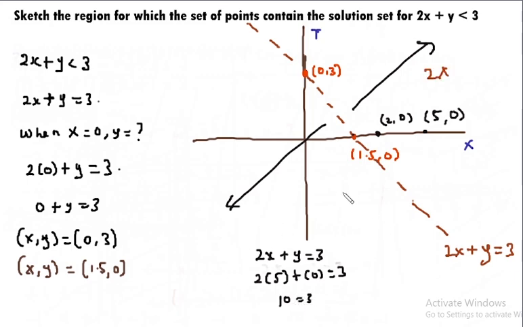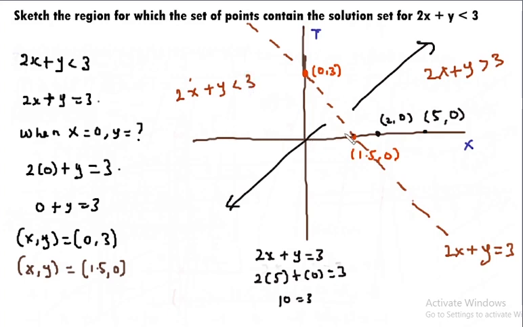From what we've seen, any point I pick towards this side of the line, the value of 2x plus y is greater than 3. That means that the opposite side of the line will have the opposing inequality sign.